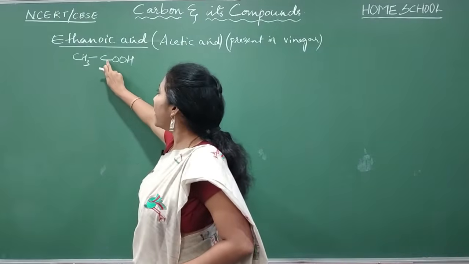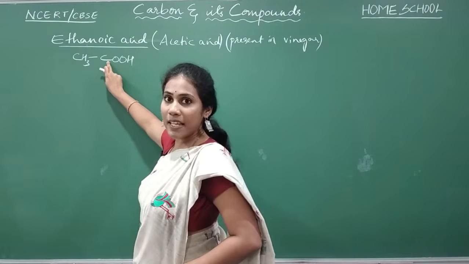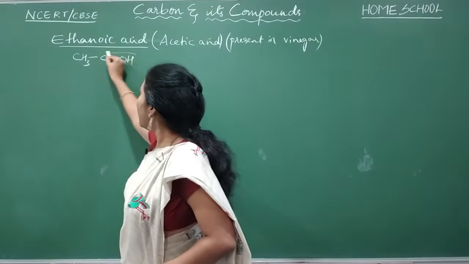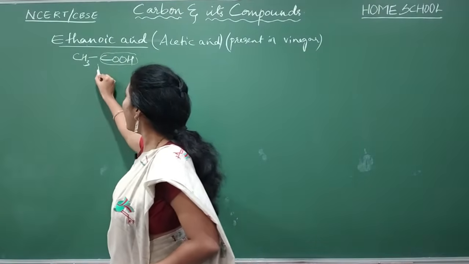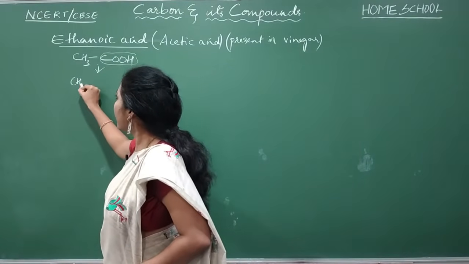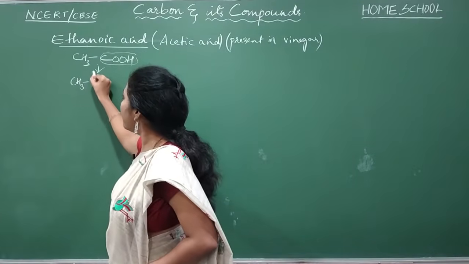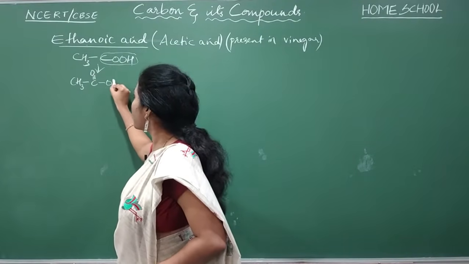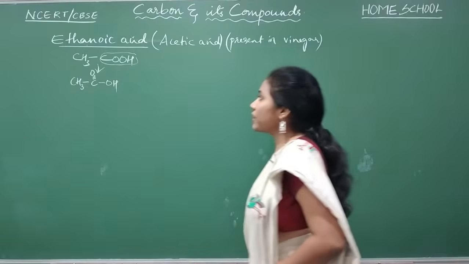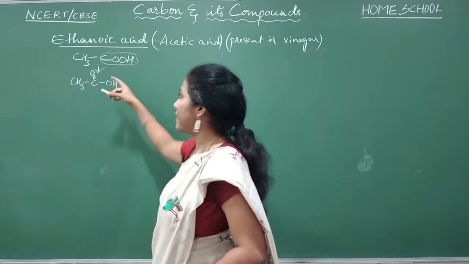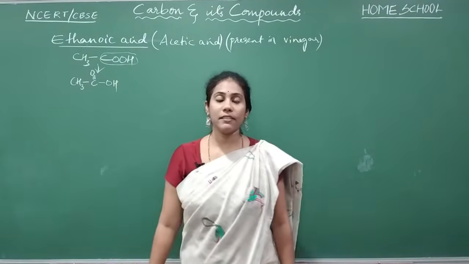You need not put any hydrogens for this carbon. Yes or no? If you elaborate this COOH, how do you write, guys? CH3, C double bond O, OH. Okay, so this is your acetic acid or ethanoic acid.